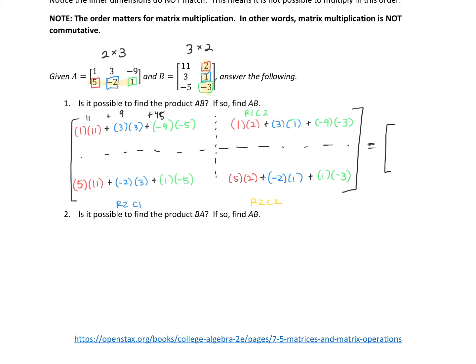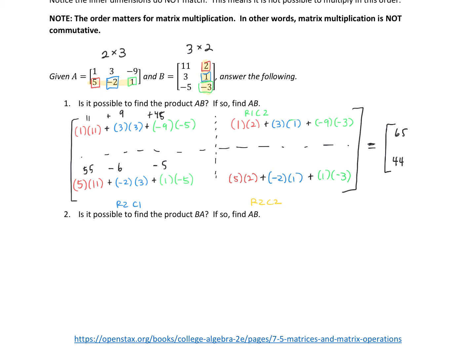And I think that will be 65. And then for the second row, first column, we will have 55, and then negative 2 times 3 is negative 6, and 1 times negative 5 is negative 5. So 55 minus 11 is 44.